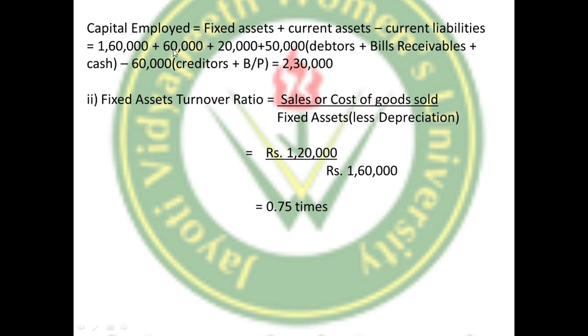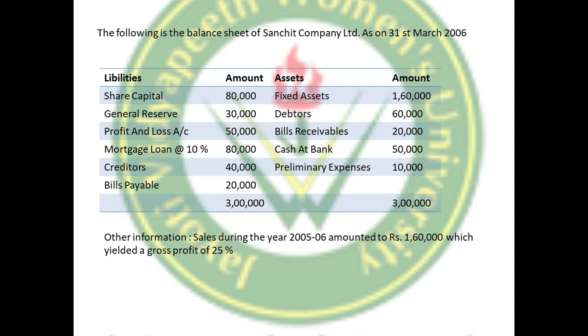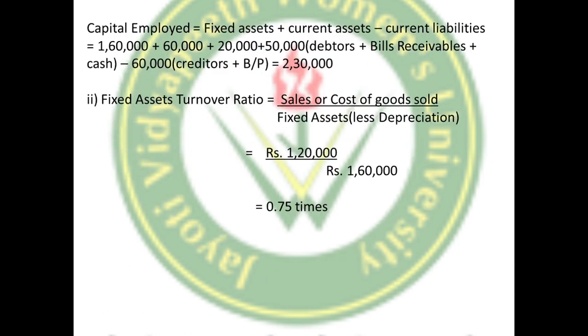The current assets are debtors 60,000, bills receivable 20,000 and 50,000 cash. Now we have to subtract current liabilities, that is creditors and bills payable, 40,000 and 20,000, that amounts to 60,000. The capital employed is 2,30,000.